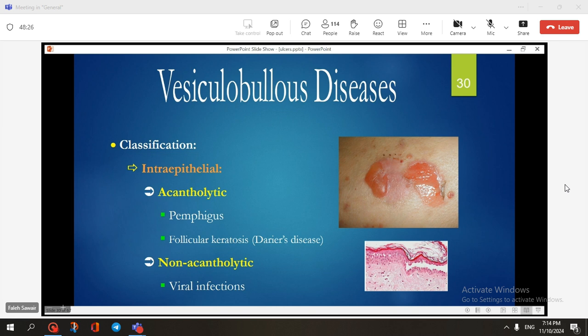And we also have non-acantholytic damage to the epithelial cells themselves, not the attachment between them. If you remember the herpes simplex virus, for example, viral infections cause rupture of the epithelial cells and vesicles inside the epithelium, and then rupture will cause ulceration.